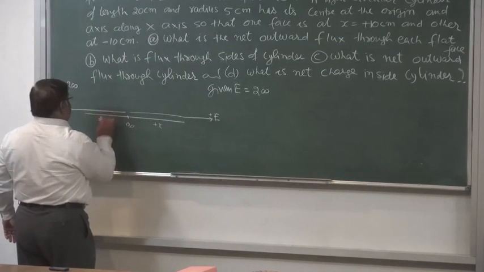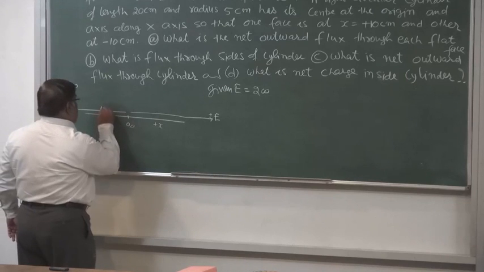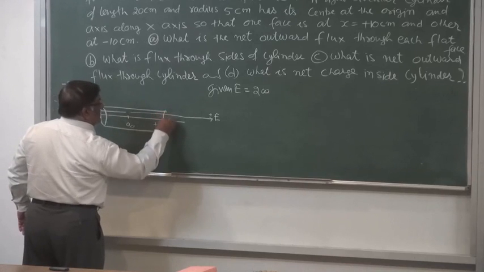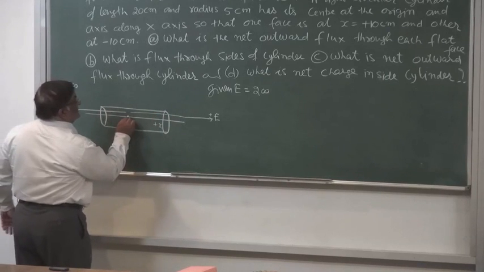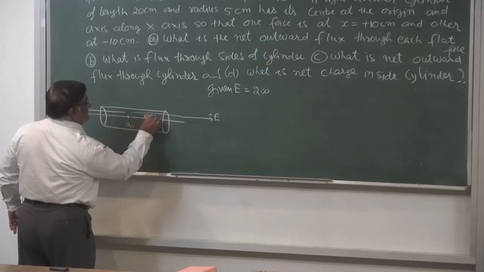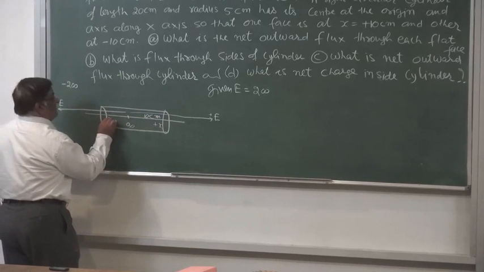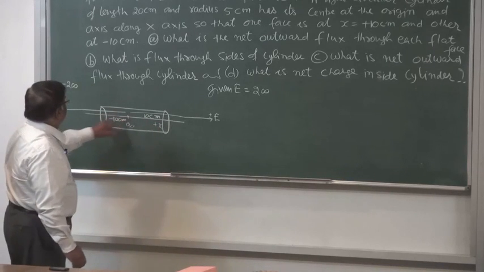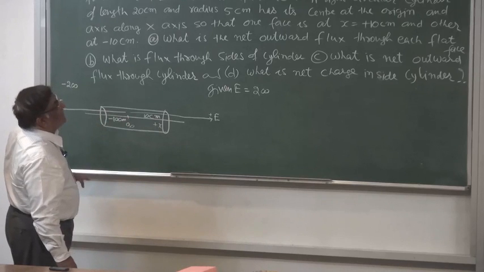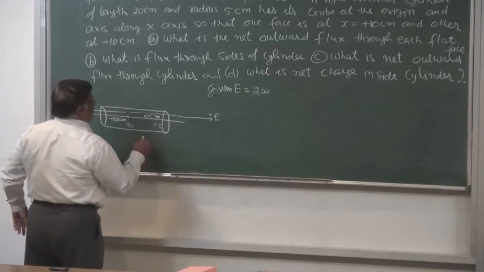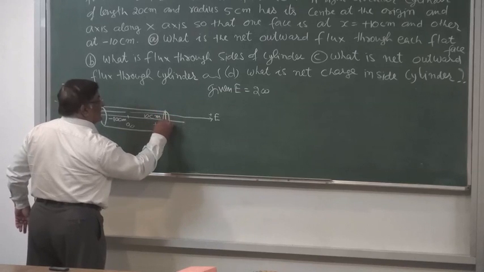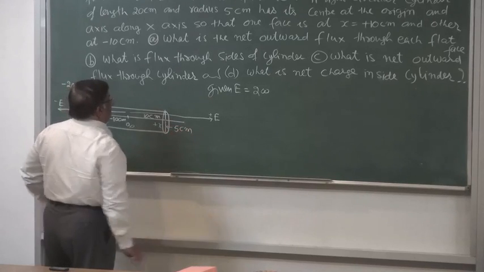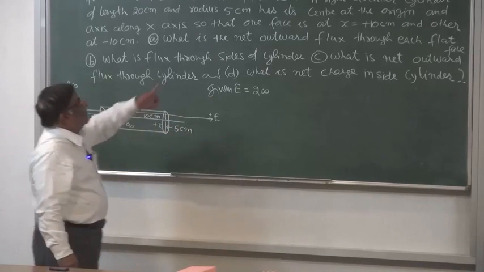So we place a cylinder over here. This is the cylinder. This distance is 10 centimeter and this is minus 10 centimeter. 10 centimeter this face, 10 centimeter this face. And the radius is 5 centimeter. This radius is 5 centimeter. It is given to us. Okay.